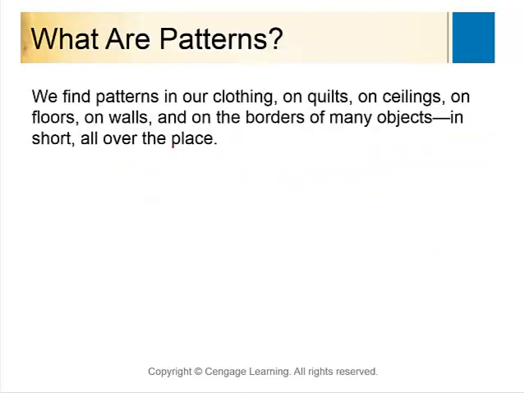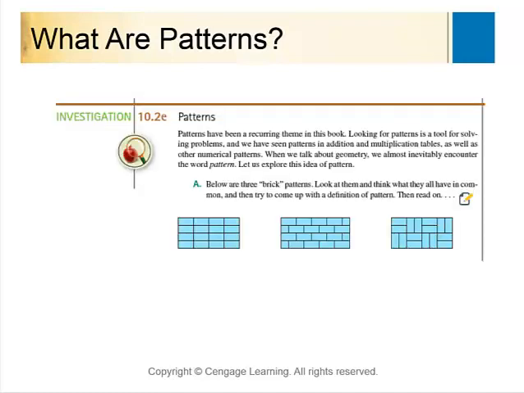And we do find patterns on quilts, ceilings, walls, floors, you know, our linoleum, tile work. How would we describe what happened here? We take this one general shape and we move it to the left, and then we draw that same shape down. How are we sliding it?